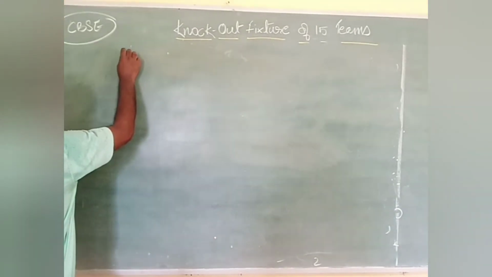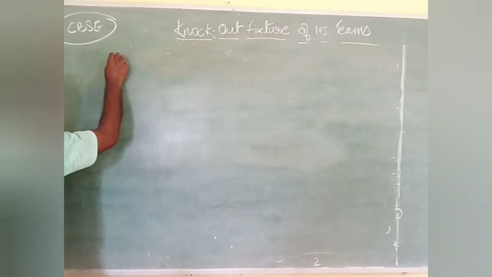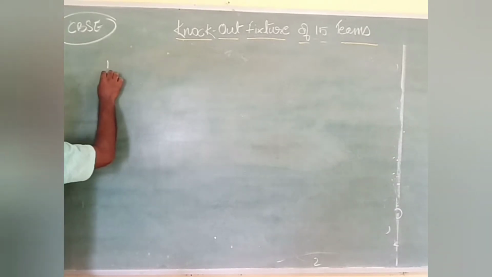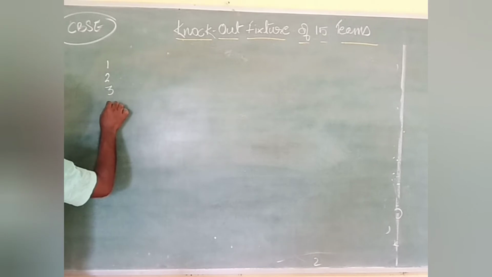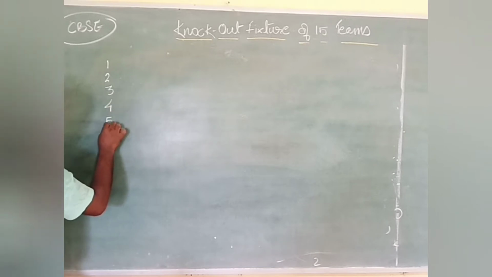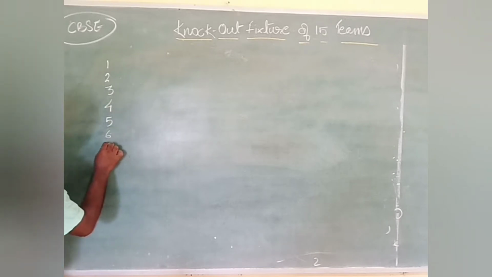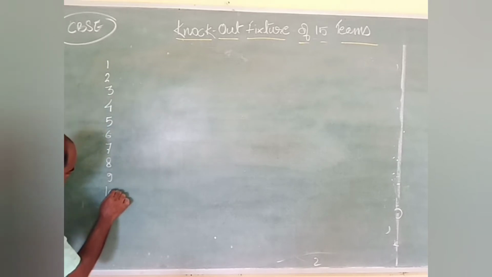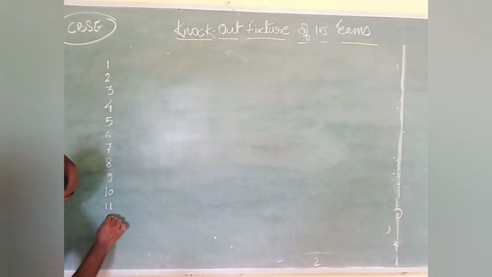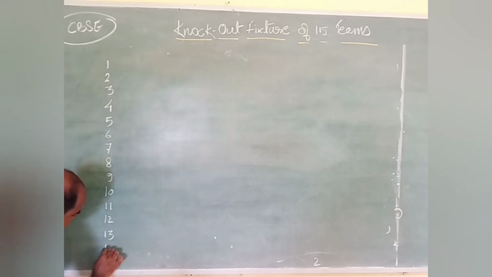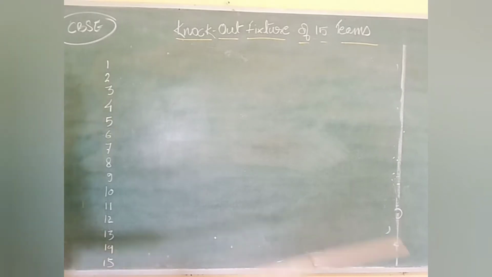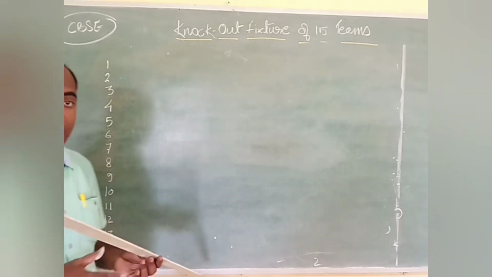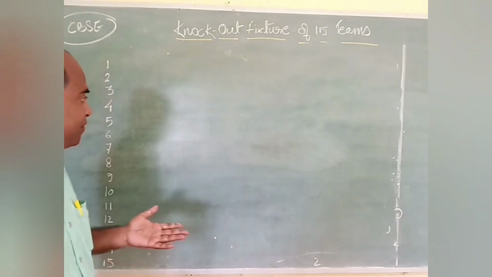First of all we will write down here 1, 2, 3, 4, 5, 6, 7, 8, 9, 10, 11, 12, 13, 14 and 15. First we are supposed to divide into upper half and lower half.